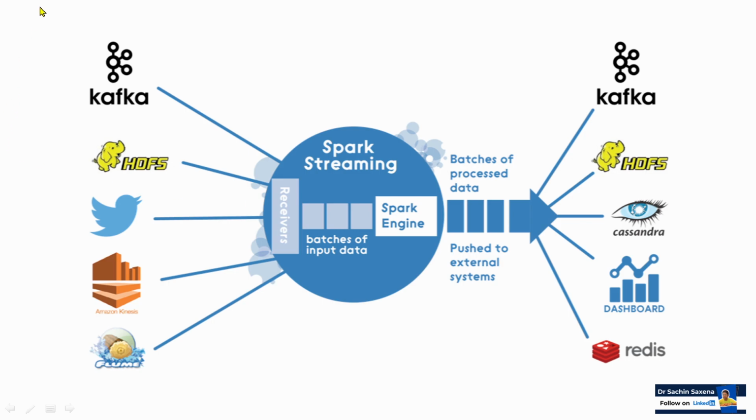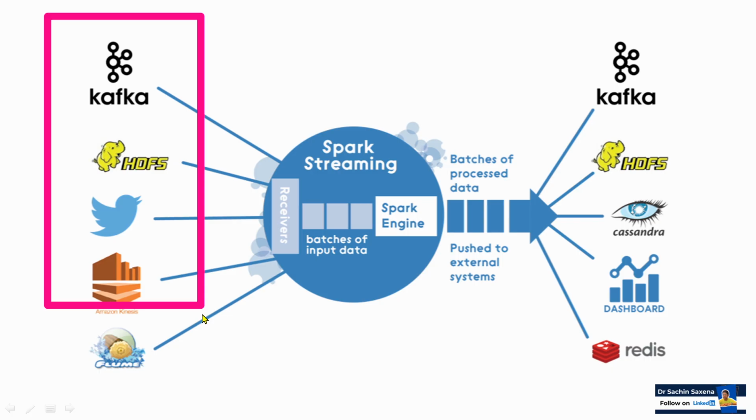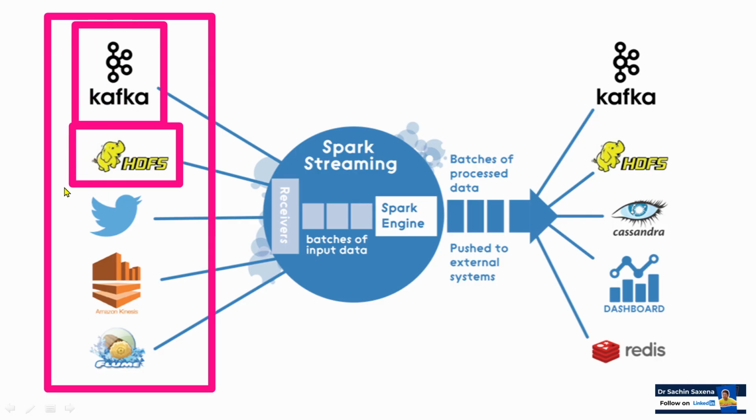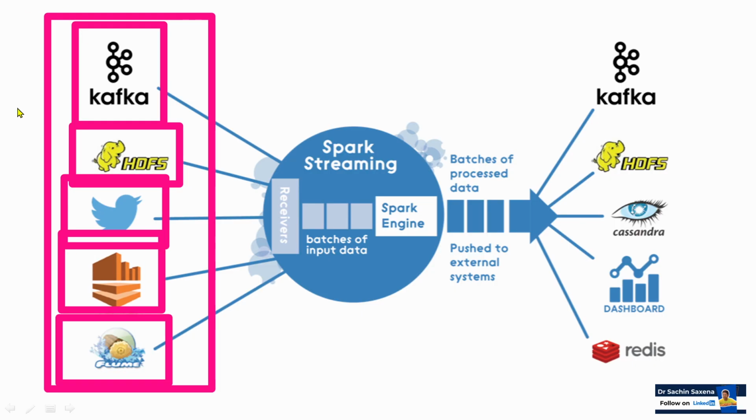It's not the case that we can ingest data from every resource. There are some limitations. From the backend side, you can see Kafka is there, HDFS is there, Hadoop file system, Twitter API is there, Amazon is there, Flume is there, and so many other resources are also available. These are receivers.